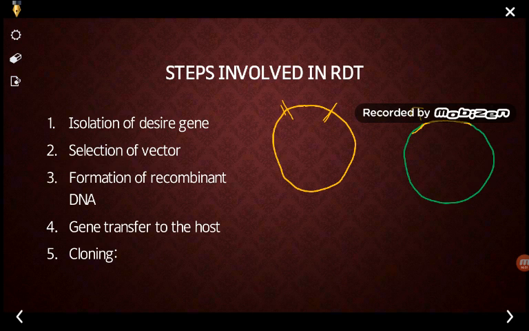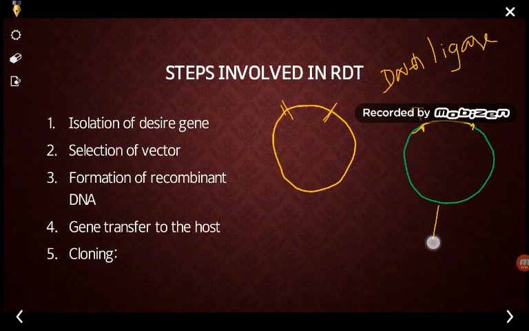So in order to attach, we make use of certain enzymes again, and these enzymes are the ligase. DNA ligase is normally used in order to stick the ends. So here enzymes will come and attach the ends of the interested DNA with the vector DNA.